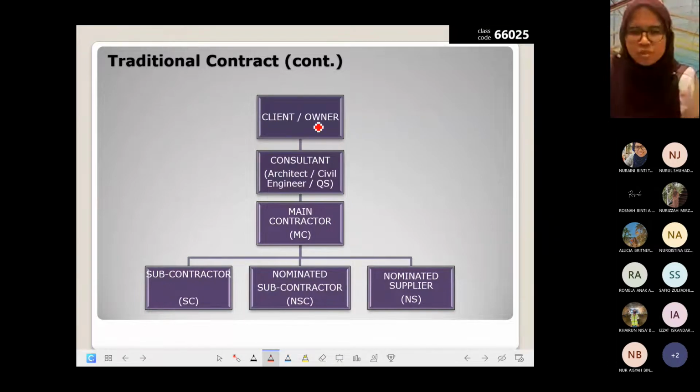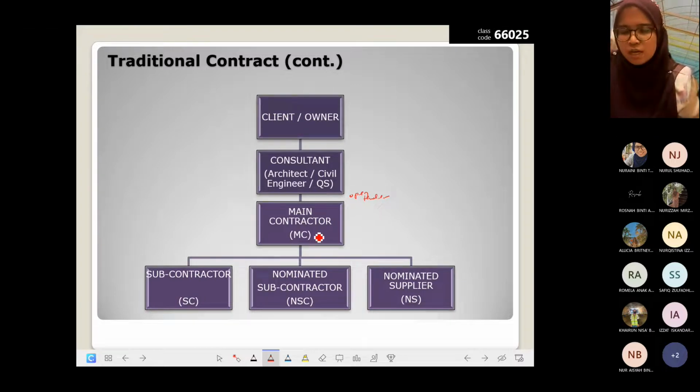Traditional contract. So client owner, dia akan hire consultant lah. Consultant akan keluarkan design, spec. Sampailah owner setuju dengan dia punya design kan, ikut requirement of the owner. And then dia akan open tender. Kat sini open tender lah, owner akan open tender to the contractor. So siapa yang boleh bid tender, bagi the price, ikut the design and also the requirement, then the contractor will win the project kan.